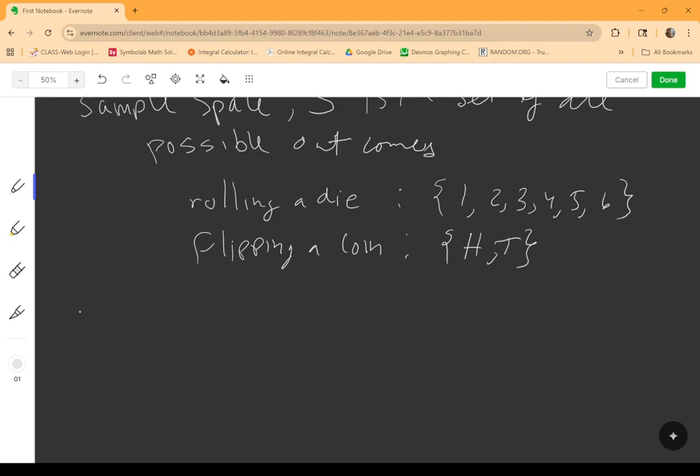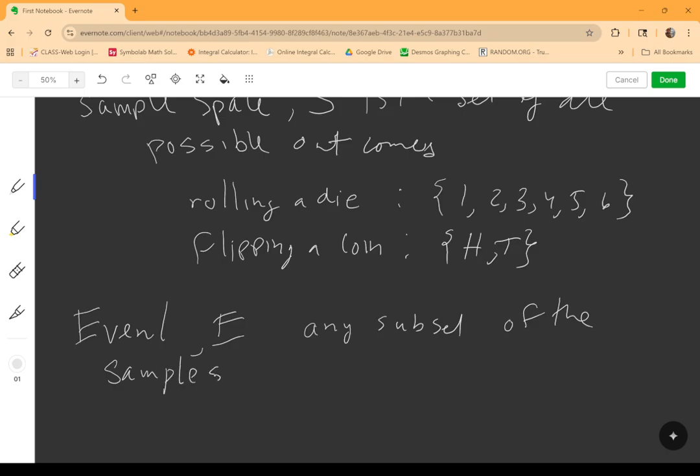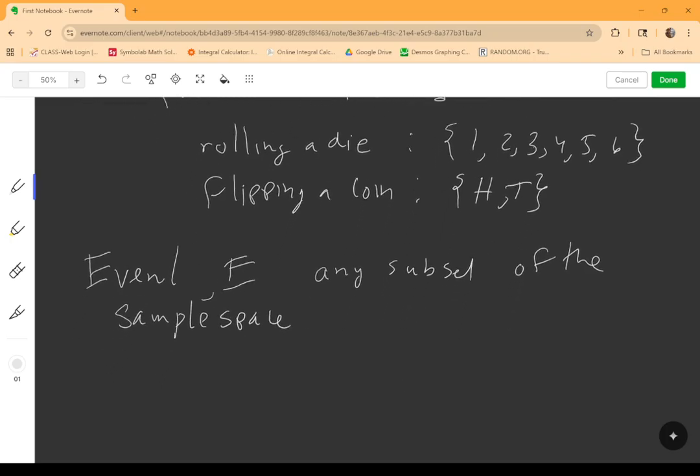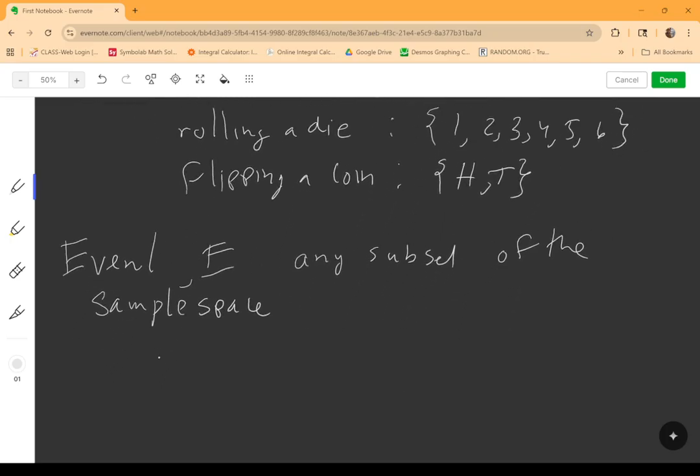And then we'll also use the word event, and we'll denote it by the letter E, and this is any subset of the sample space. So in rolling a die, let's say the event E is rolling an even number.